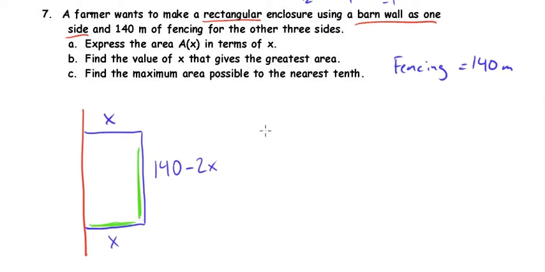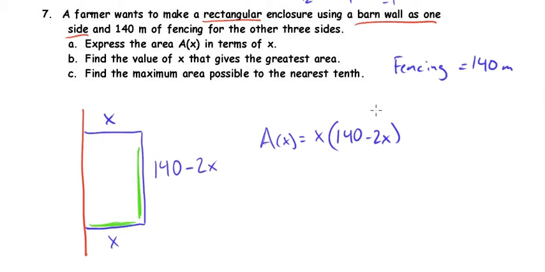And so we have A of X, the area, is equal to X, the base, times 140 minus 2X. If you rearrange that to negative 2X plus 140, that's perfectly okay. But we've got the length times the height, the base times the width, and I'm just going to leave it as that. There's A. A of X has been expressed in terms of X.